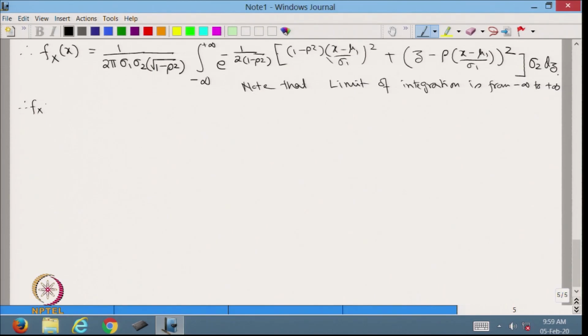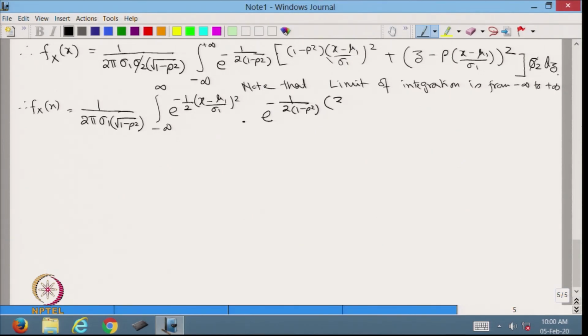Therefore, f_X(x) is equal to, we can cancel this sigma 2, and therefore, we have 1 over 2 pi sigma 1 into root over 1 minus rho square, integral from minus infinity to infinity e to the power minus half into ((x minus mu 1) upon sigma 1) whole square multiplied by e to the power minus 1 upon 2 into 1 minus rho square (z minus rho into ((x minus mu 1) upon sigma 1)) whole square into dz.